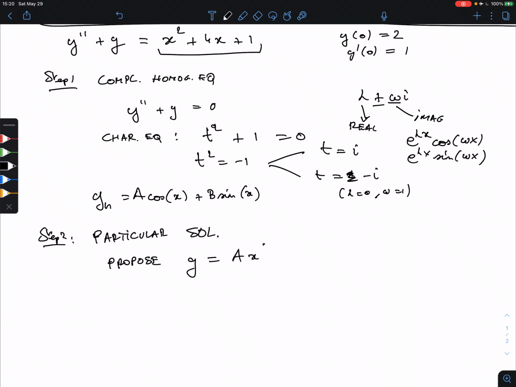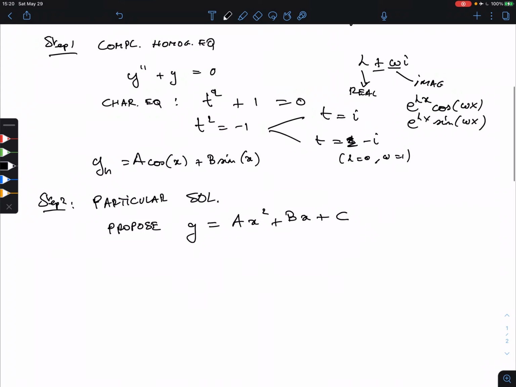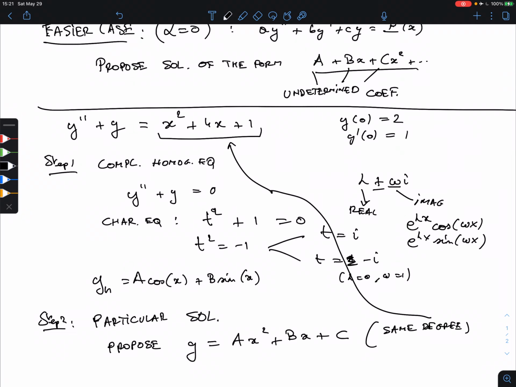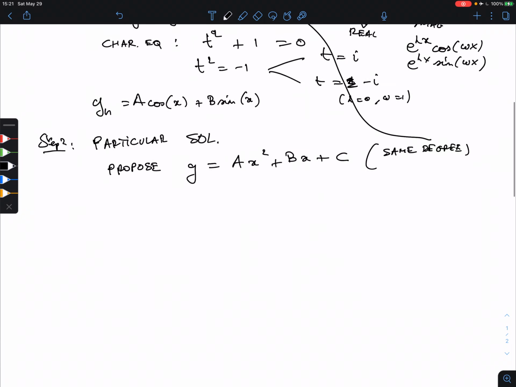I'm going to write it in descending order, ax squared plus bx plus c, because that's the more familiar way to write a polynomial, but it's not necessary. So this is what I propose as the solution, of the same degree as the forcing function. Okay? Good.